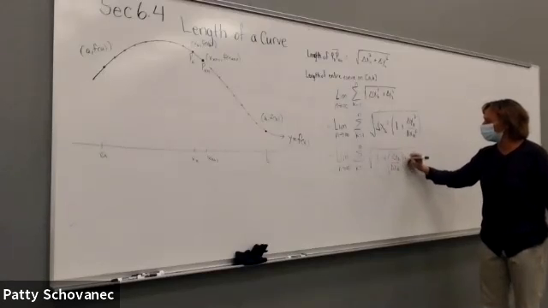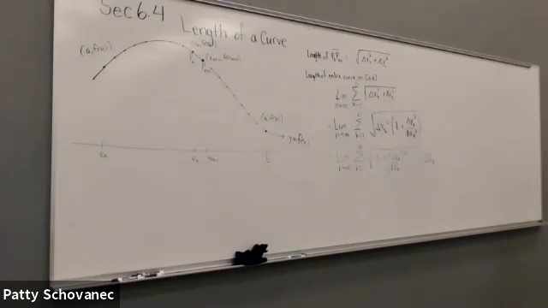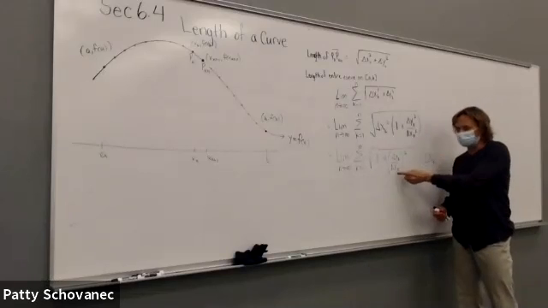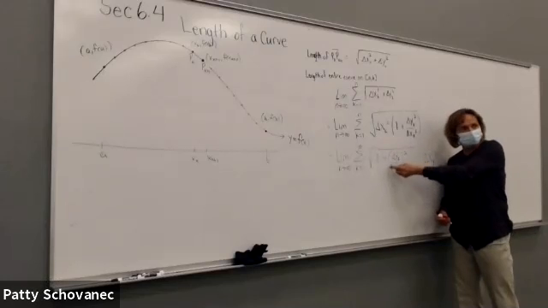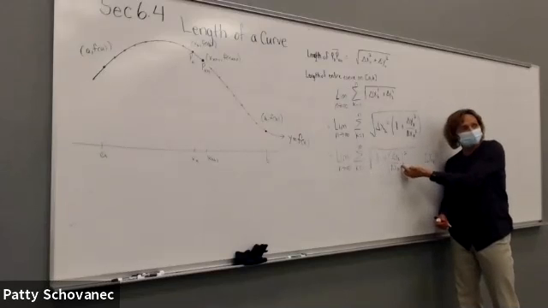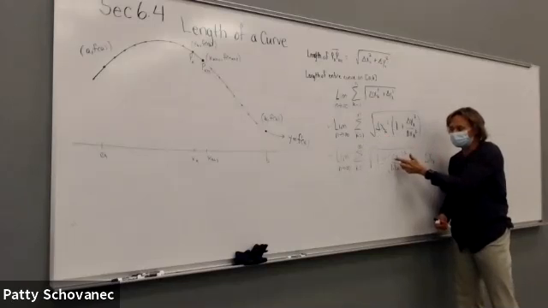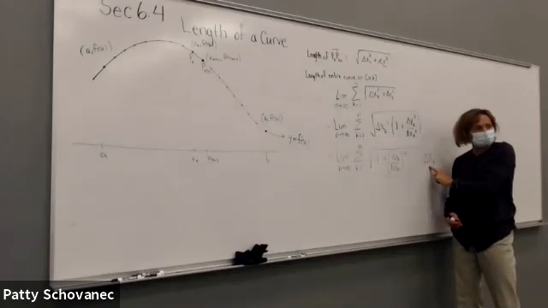And I'm going to group that as a quantity squared. So that's the thing that's going to look like our Riemann sum, and on every interval of a continuous curve, somewhere the average rate of change is equal to the instantaneous rate of change, the mean value theorem. So I can replace this with the derivative, and my integral from a to b has an integrand of the square root of 1 plus y prime squared, and this becomes the dx.